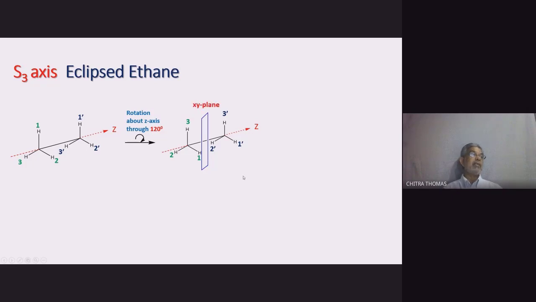Then reflecting, try to visualize the resulting configuration. These two will be interchanged. The hydrogen labeled 2 will be interchanged. Likewise, hydrogen atoms 1 and 1 prime will be interchanged. So this segment will come here and that segment will go there. Now, this is 1, this is 2, this is 3.